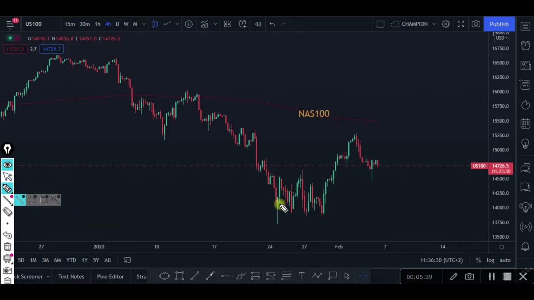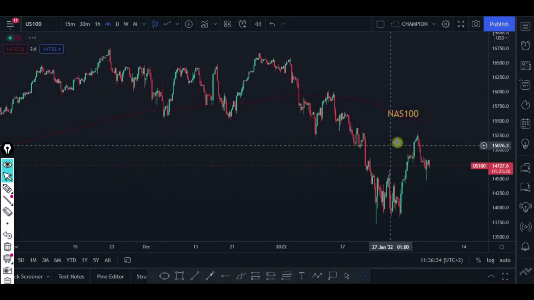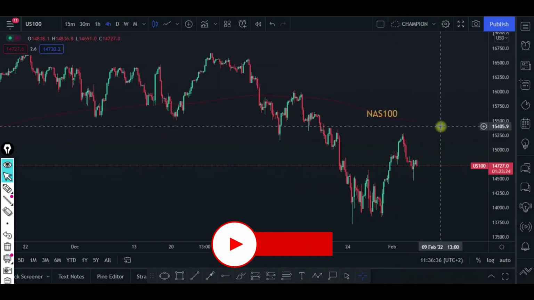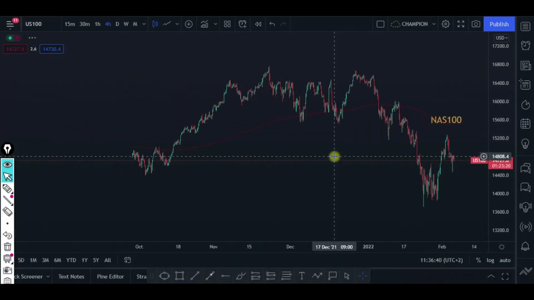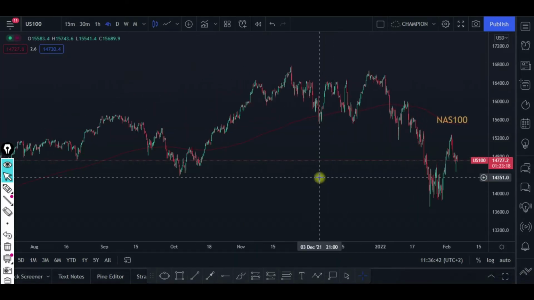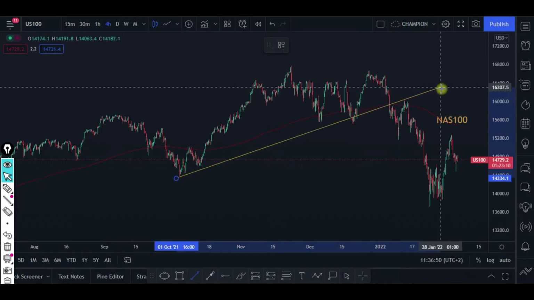Ladies and gentlemen, this is our NASDAQ 100. Allow me to zoom in so that I can show you guys where the price is going. Previously, we had something like this.